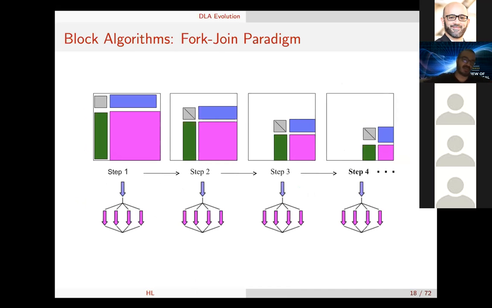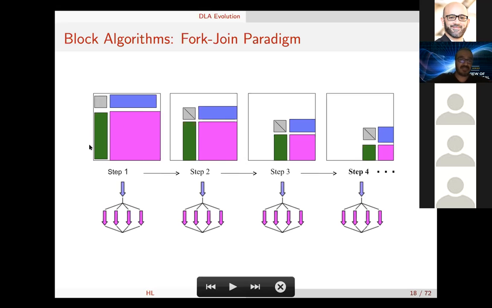I'm moving quick. I want to spend just 1 minute on this cartoon showing how this fork and join paradigm, which is still the main thing for LAPACK, is inherently problematic. It has lots of synchronization points, and again, I'm echoing here the synchronization-reducing ingredient that I mentioned.